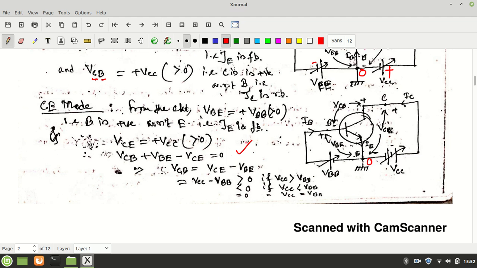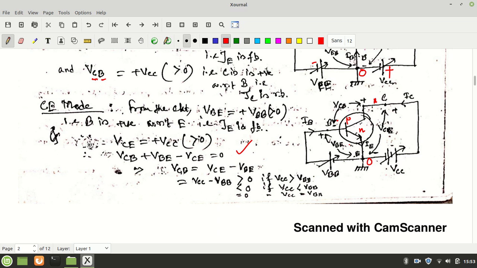You can see VB is equal to VBB, so it is positive, so the base is positive with respect to the emitter. The base is your P type, and the emitter is N type, and the collector is also N type. So the base should be positive with respect to the emitter, so that forward bias prevails in JE, the emitter junction.